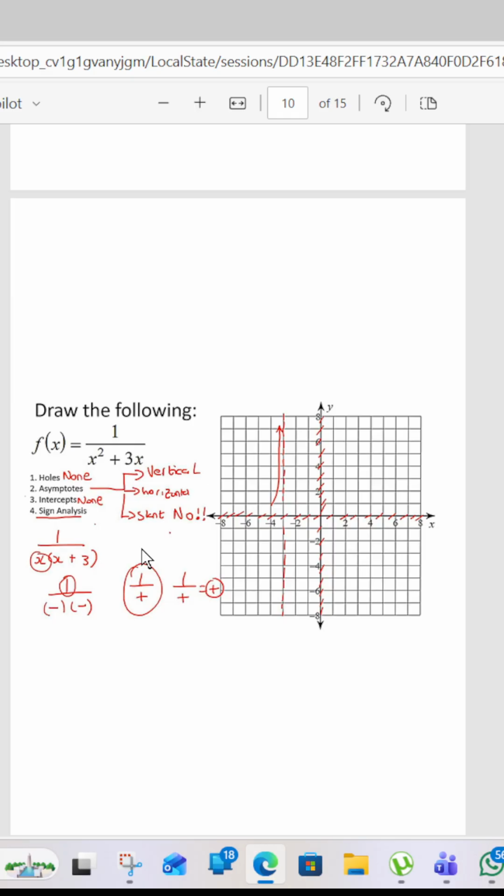For sign analysis, these two are my vertical asymptotes. On either side of each vertical asymptote, we need to check the sign. This side of the vertical asymptote, I can take negative 4. In place of x, I'm going to put negative 4.